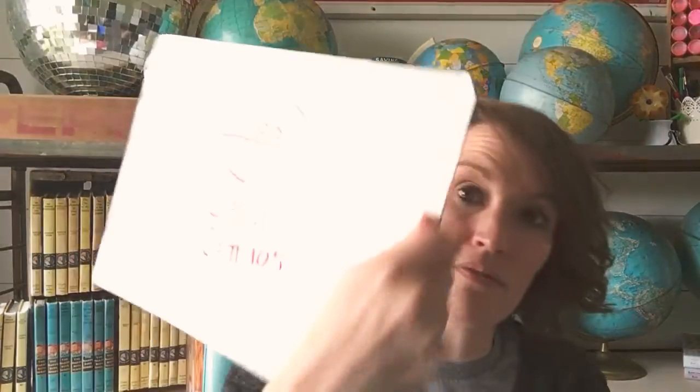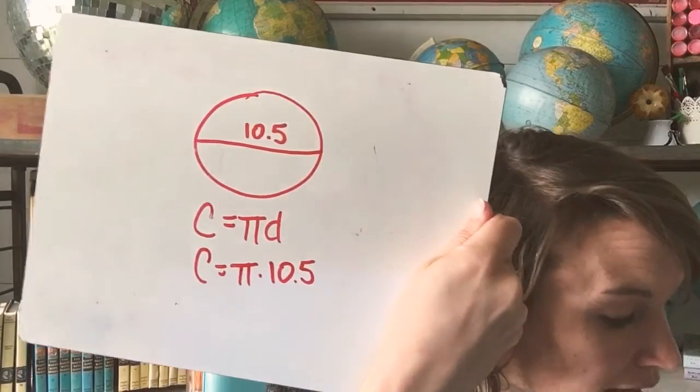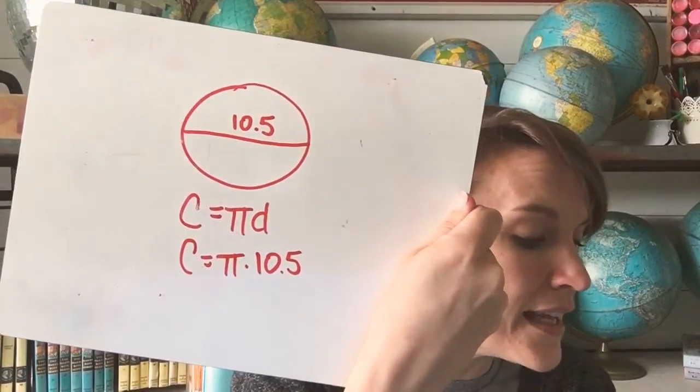Circumference is equal to pi times diameter. So circumference is going to be equal to pi, which is 3.14, times 10.5. It's going to end up being roughly 33 inches.